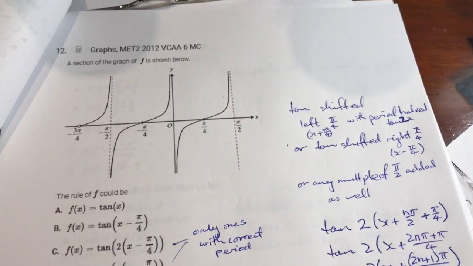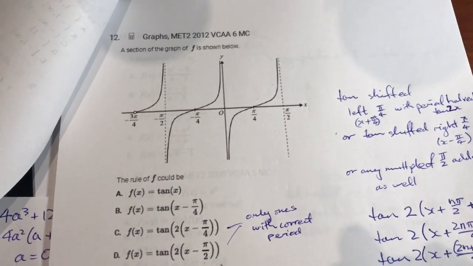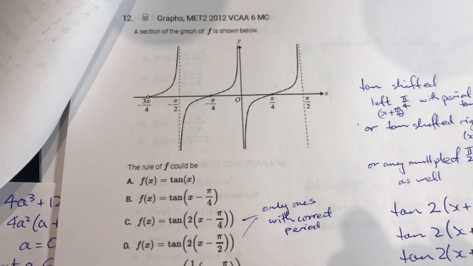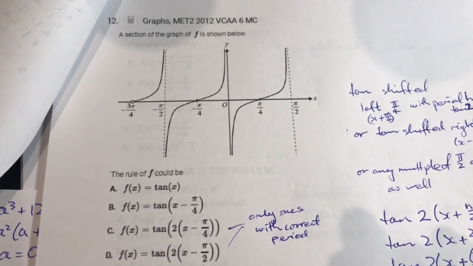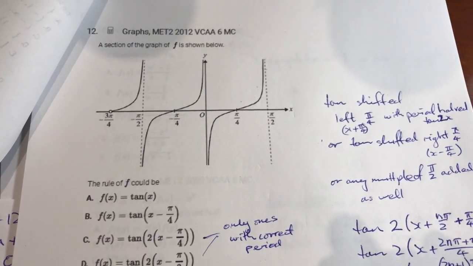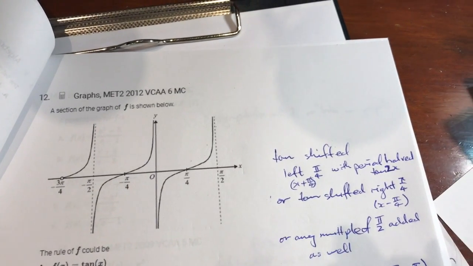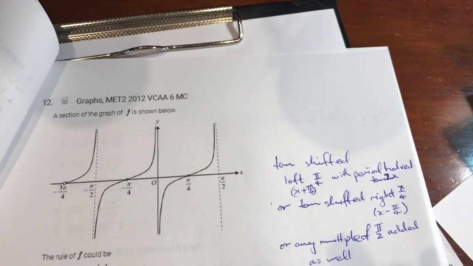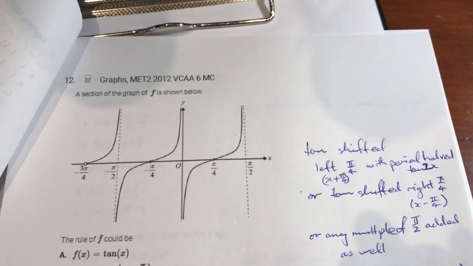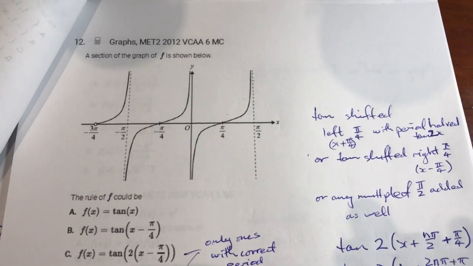Question 12. So this is a tan graph kind of a shape, but you'll notice that the period is only pi on 2 instead of pi. So we know it's a dilation factor of 2 to get that to be halved. We also know that it's got some kind of a shift to the right or to the left.